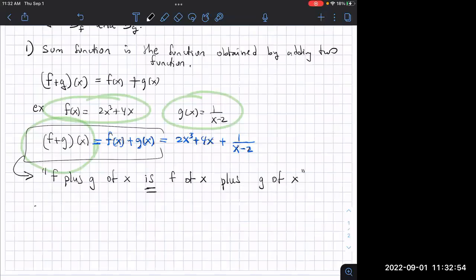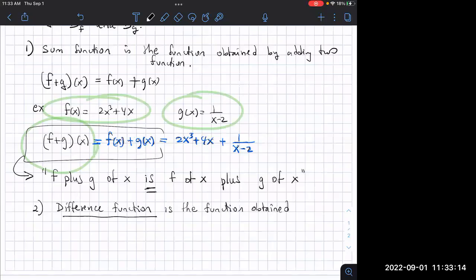The difference function is the function obtained by subtracting two functions.